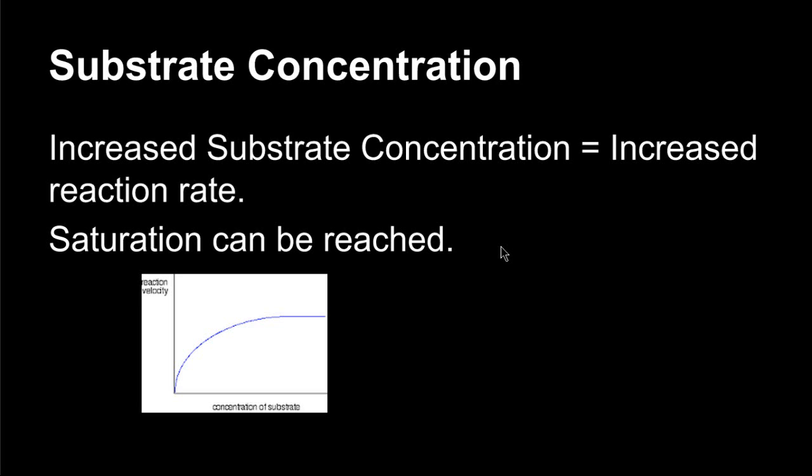So if you keep adding enzyme, and you have some unlimited number of substrate, you can continue to increase the reaction rate. But if you increase the amount of substrate you have, but you only have a set number of enzyme, eventually all those enzymes will be working and there'll be no one available to accommodate the new substrate that you're putting in. And so that's why we get this leveling off here.